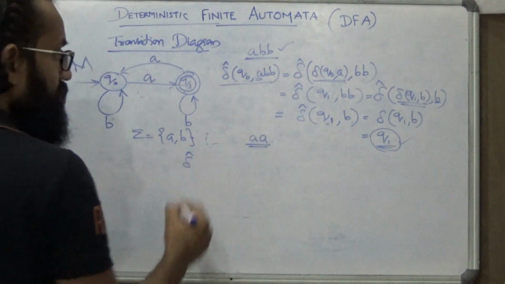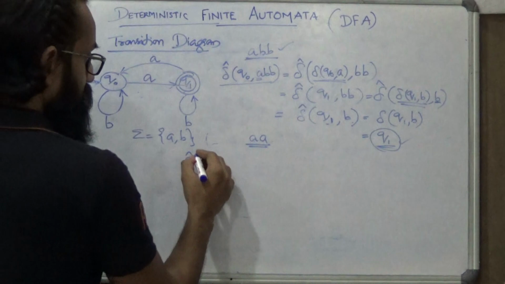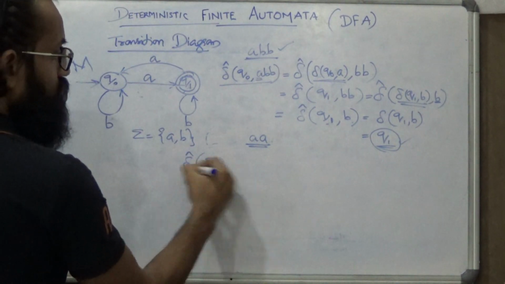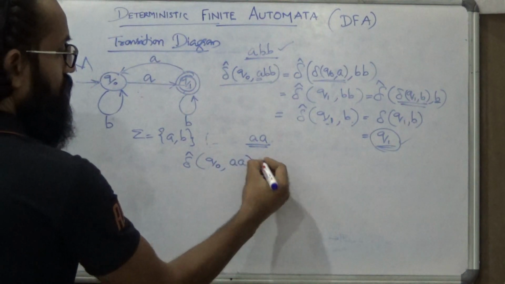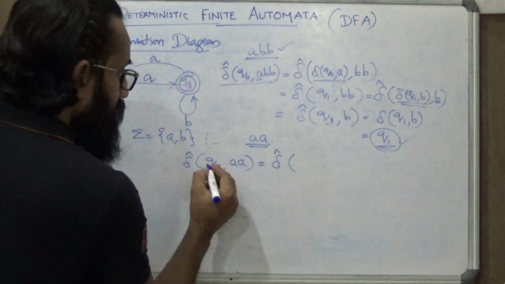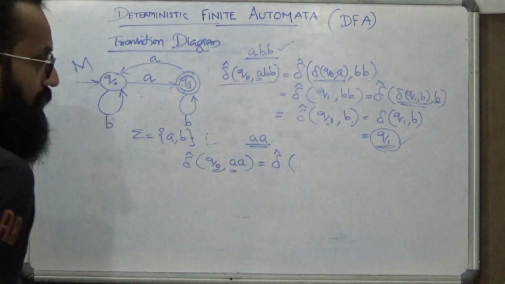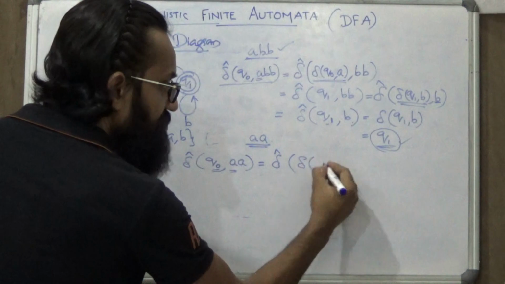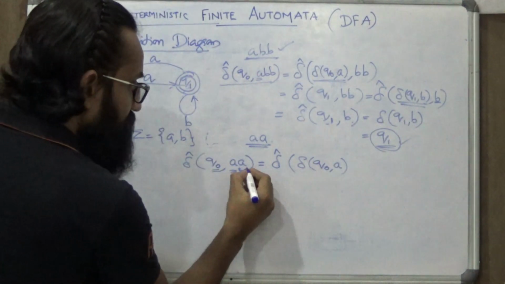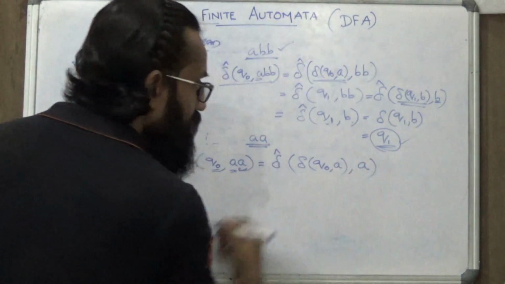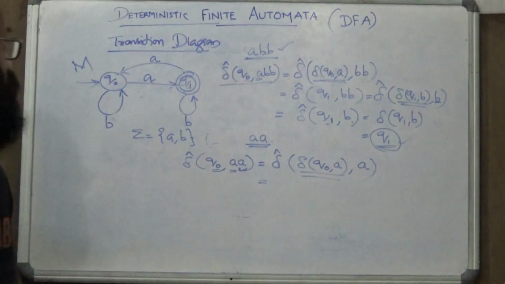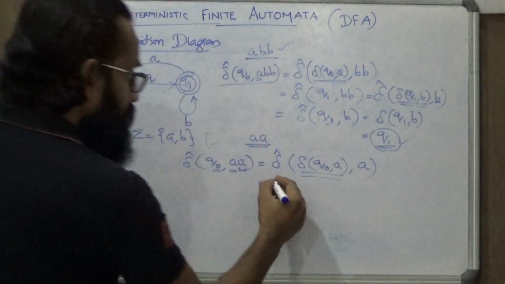Let us consider the string A. How will you show that this string is an invalid string? Let us apply the extended transition function delta cap of Q0, A. If we expand this, from this state apply input A. For that you have to use the transition function delta of Q0, A. Delta of Q0, A is Q1.